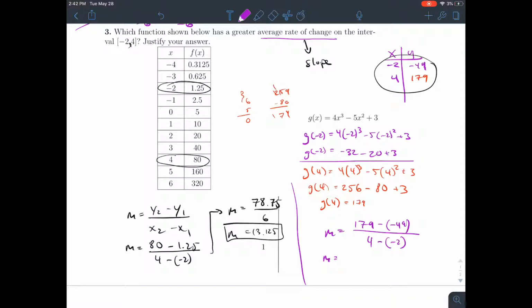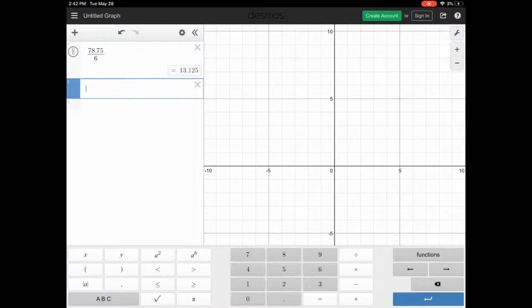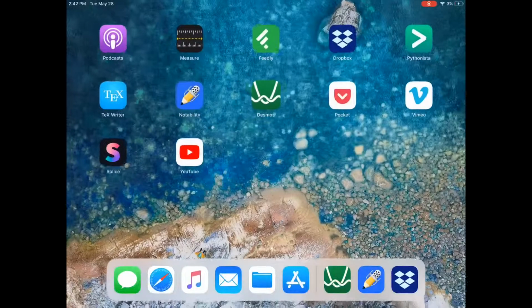So m is equal to 179 plus 49, which is 228, divided by 6. Let's do the math over here. 38.